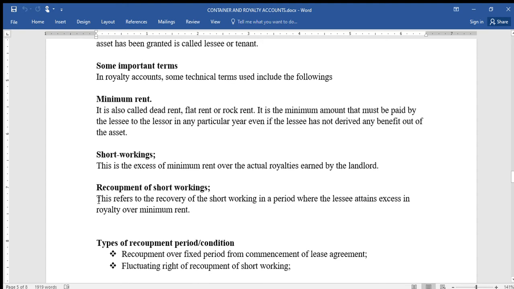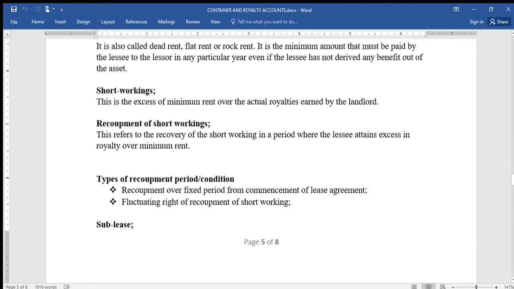So you can first deduct your 100K from the 2 million that he's supposed to receive, and then you give him 1.9. That is what we call recoupment of short workings, which is the same as recovering short workings in a period where the lessee attains excess in royalty over the minimum rent. So those are the three terms in royalty accounts: minimum rent, short workings, and recoupment of short workings.